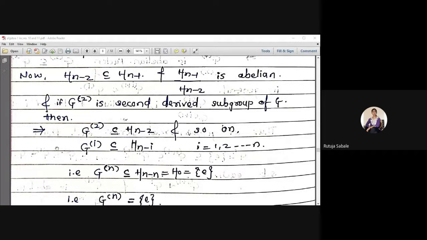Remember the previous theorem. Similarly, Gi is contained in H_{n-i} for i running from 1 to n. Okay, any doubt?